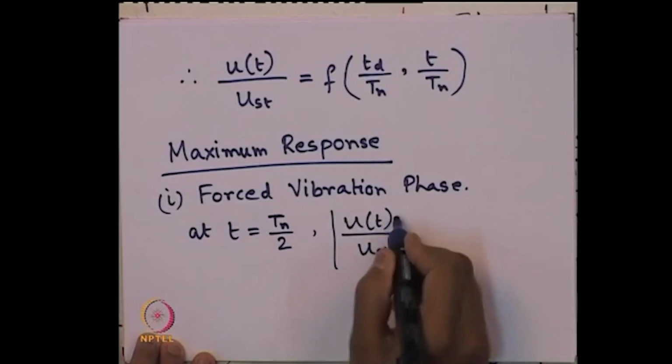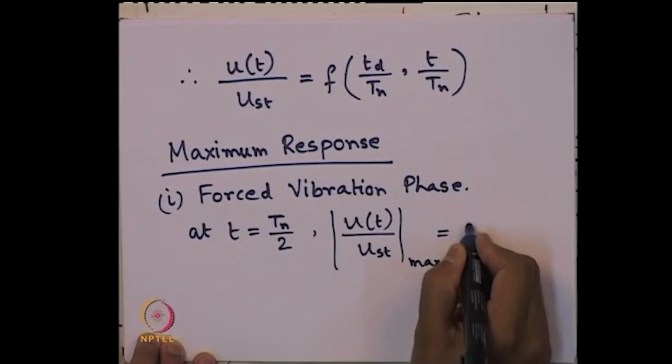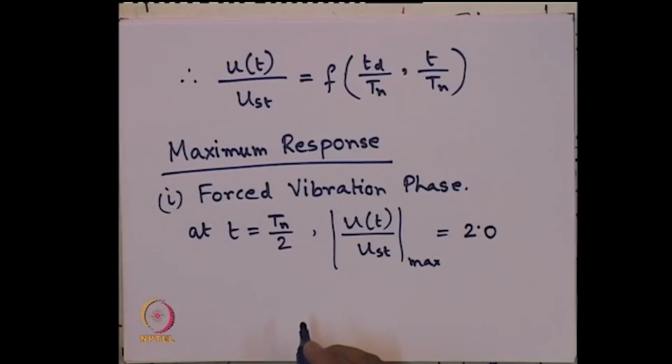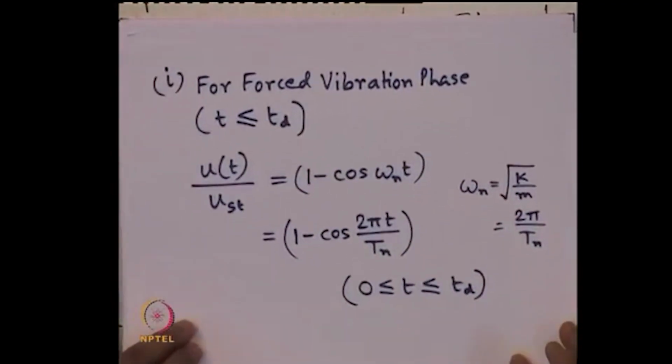The maximum amplitude of that will be equal to 2. Am I right? If you put it in this solution, I will show you once again what was my solution for this case. If I bring it here, yes, this was the solution.